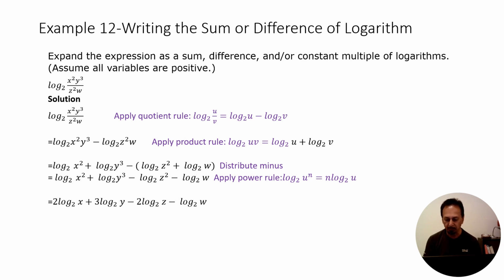This is okay, so we just copy it: minus log of w base 2. So that's a sum, difference, and constant multiple of logs, and that's what we want. We have expanded the log of a single quantity into four logs.